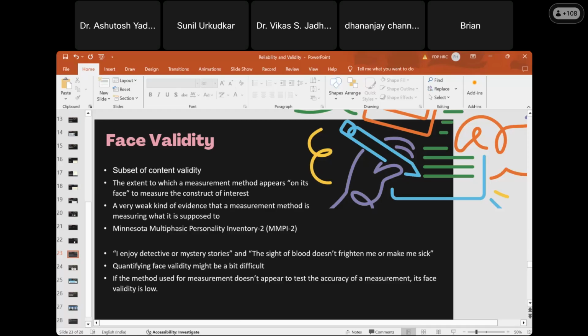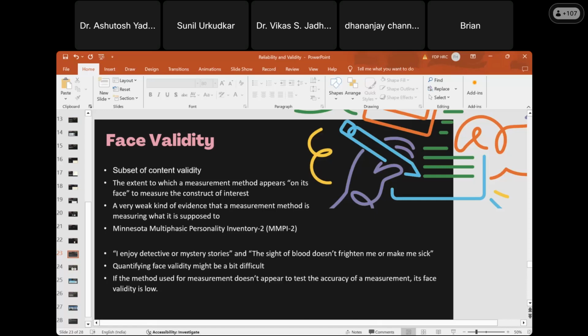So face validity is a subset, because in content validity also, we are basically looking at whether our instrument is actually measuring or covering all the contents that it should cover. And face validity is asking the experts, taking their opinion as to whether they anticipate our measurement instrument to cover what it ought to cover.